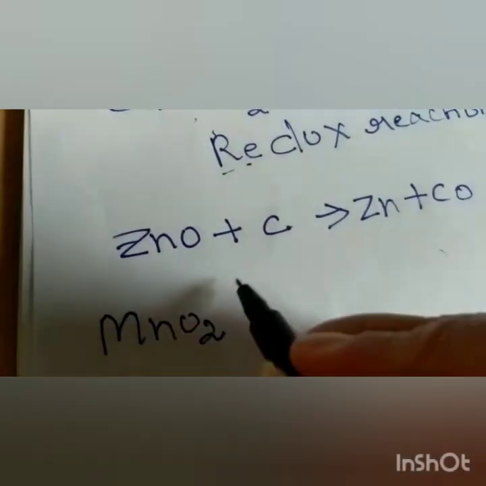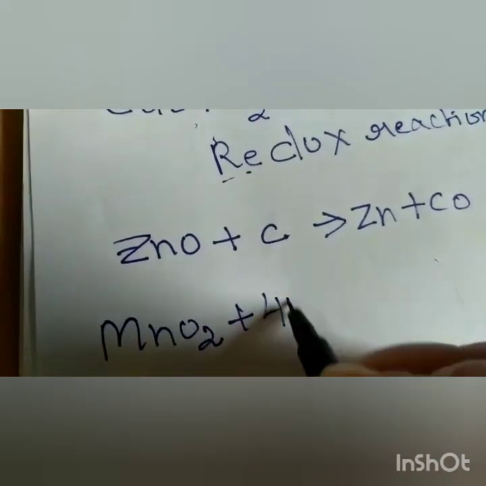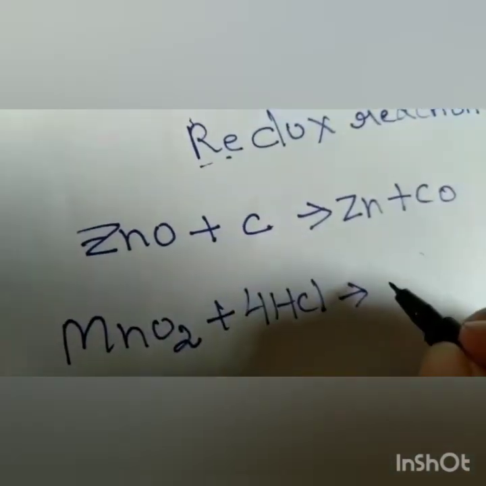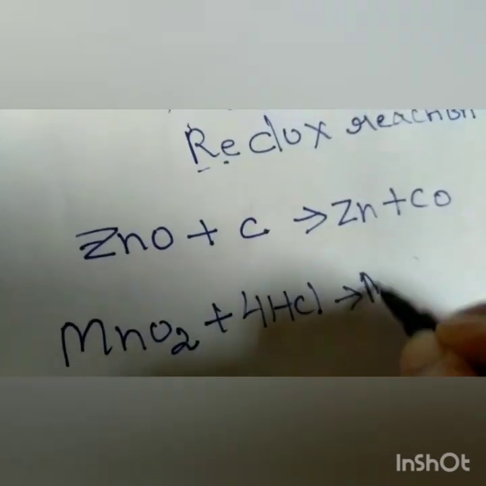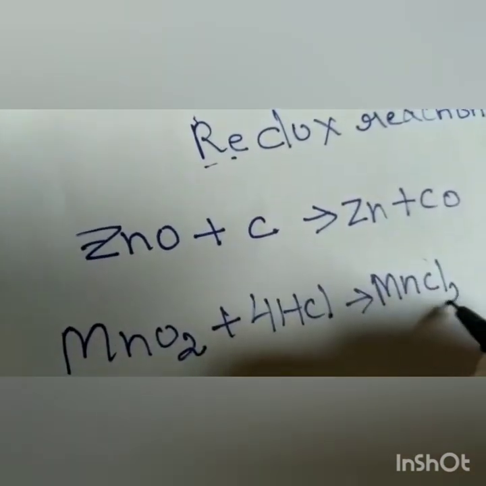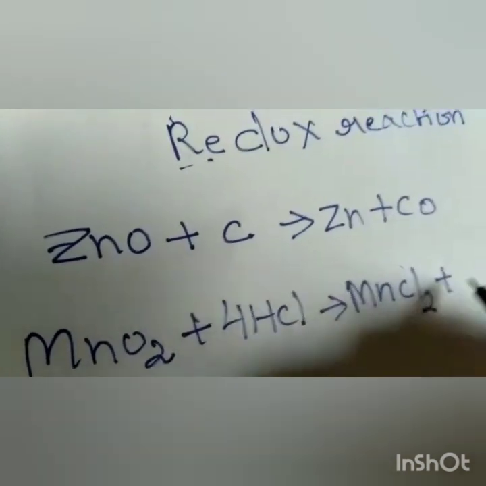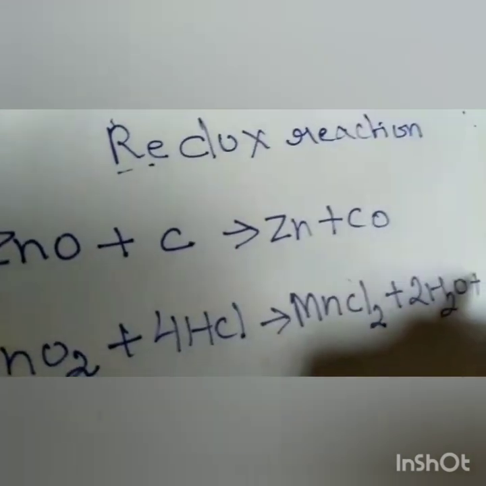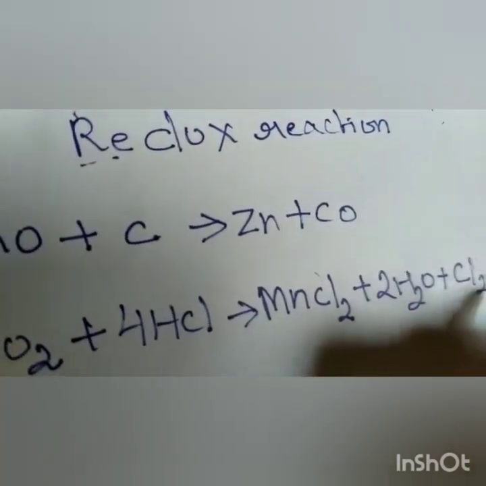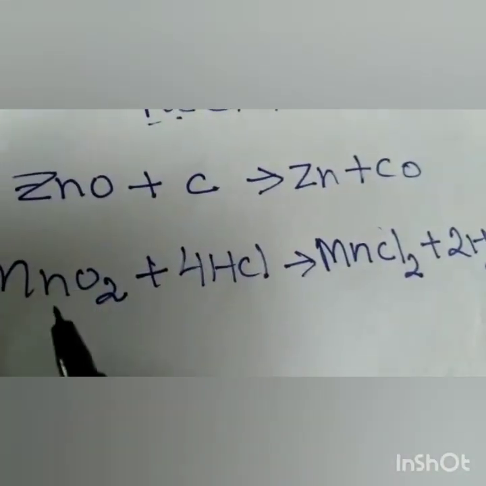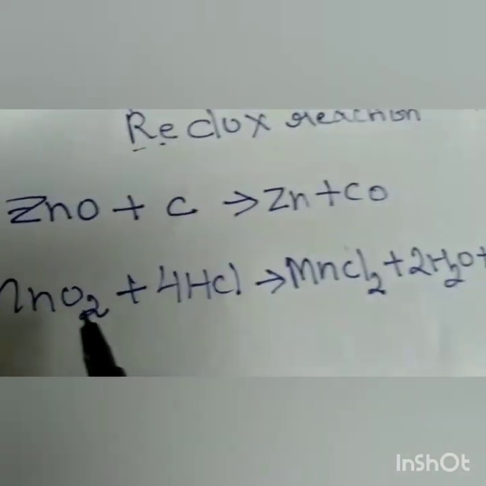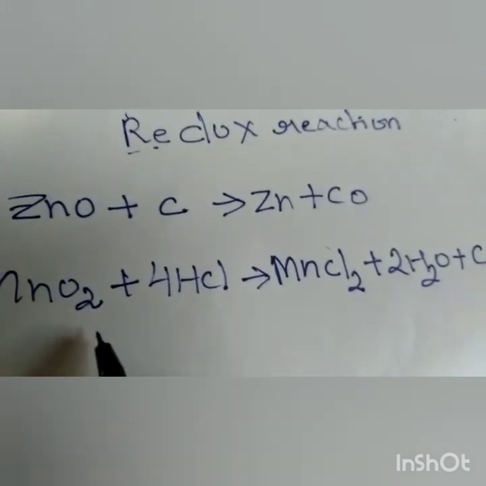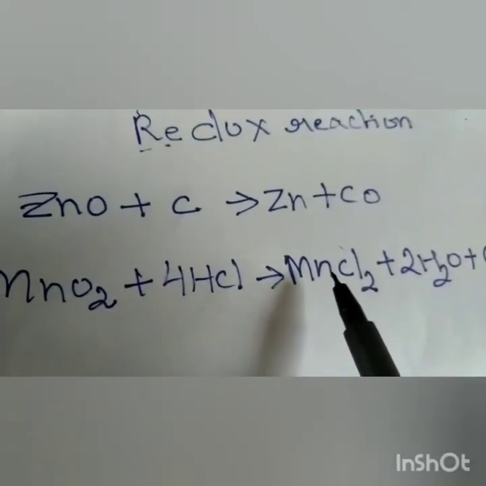Please refer to another example. MnO2 plus 4HCl, refer to equation 4 in the document, gives you MnCl2 plus 2H2O plus Cl2. Now what has happened here? This MnO2, manganese dioxide, has changed to MnCl2.